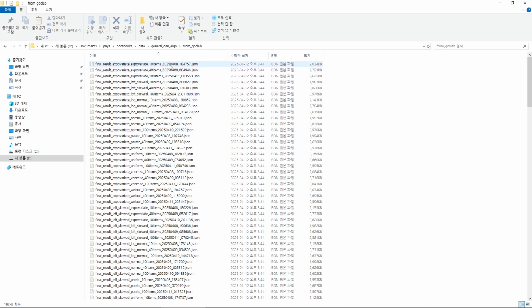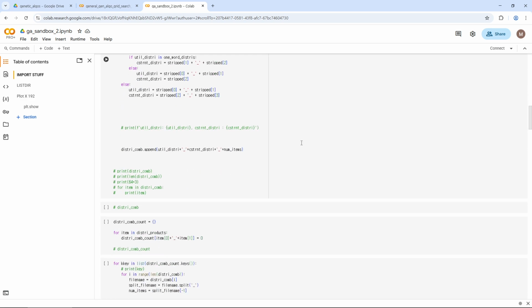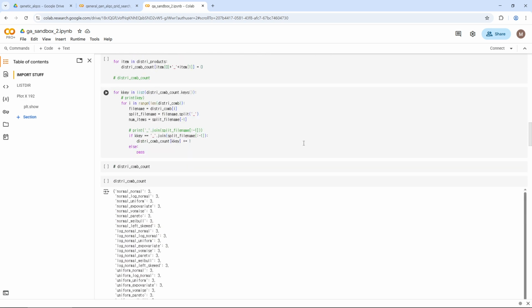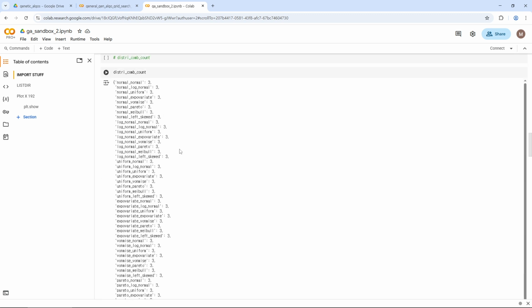Here towards the end are the timestamps, but I don't actually need the timestamps. What I'm trying to do here is count the number of files per distribution product used.